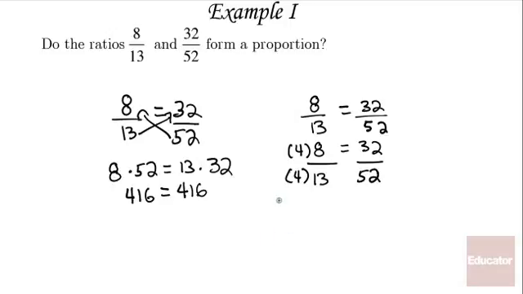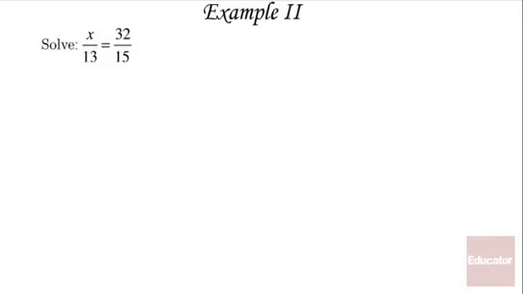This is a little bit easier than having to multiply large numbers like 52. So it's sometimes easier to just look at the relationships between the numbers instead of finding the cross products. This example is, again, a proportion, and it's asking us to solve.